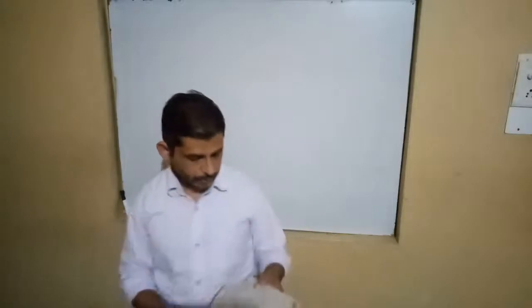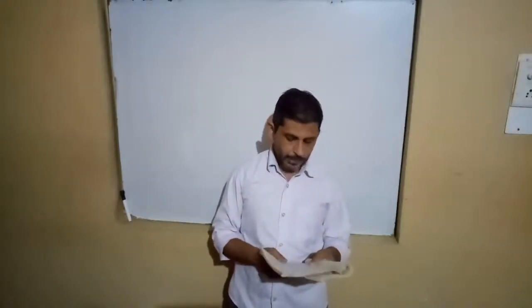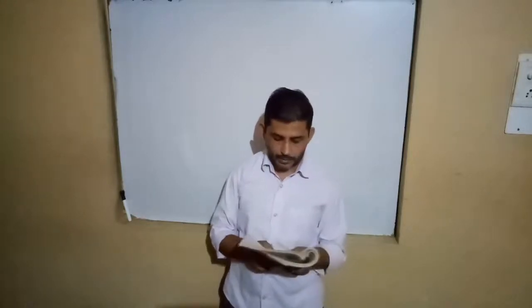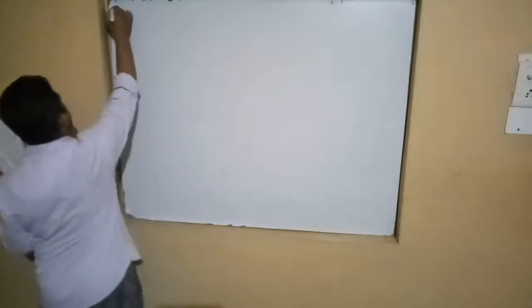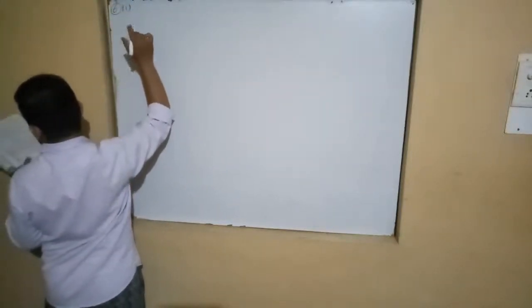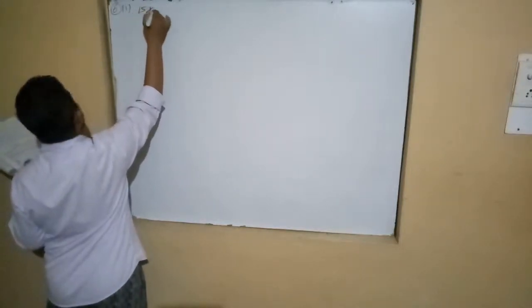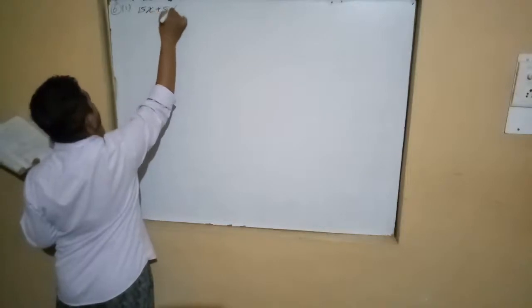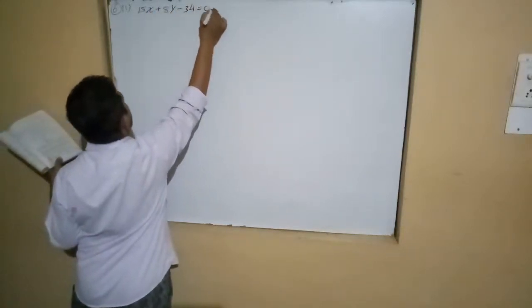Now look at question number 6. Find the distance between the parallel lines. We have to find out the distance between two parallel lines. First question of 6. The equation of the first line is 15x plus 8y minus 34 is equal to 0.